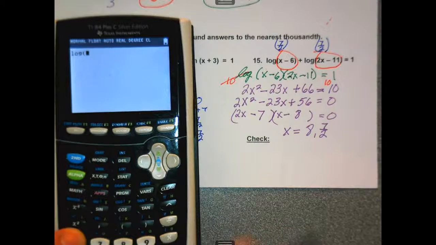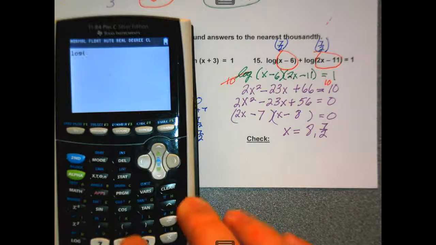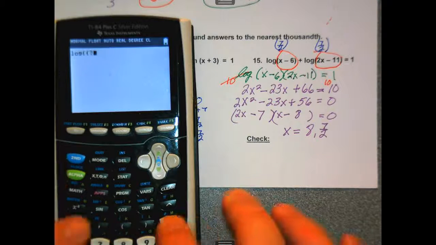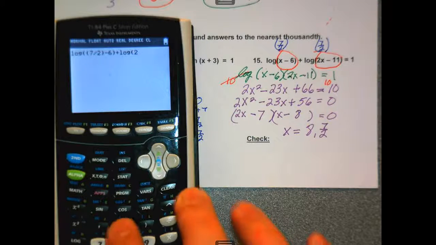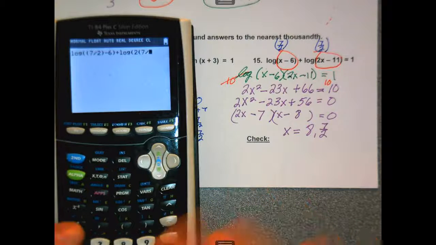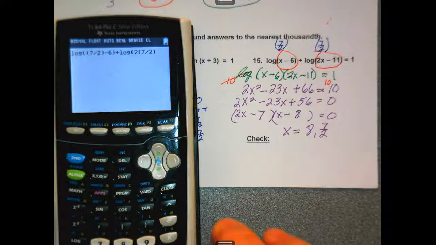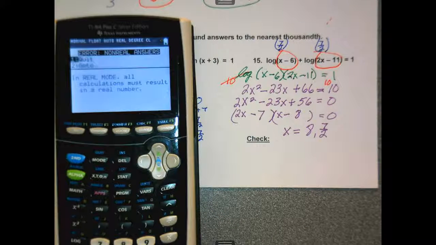We have log of 7/2 minus 6, plus log of 2 times 7/2 minus 11. Does that equal 1? Of course not. It's extraneous.